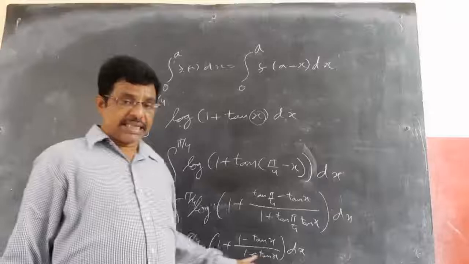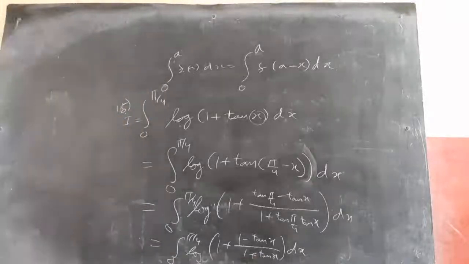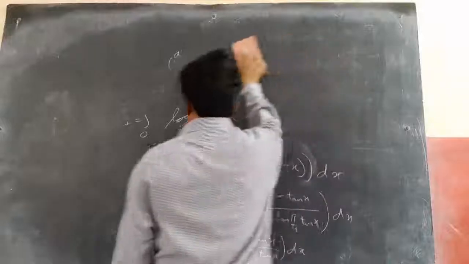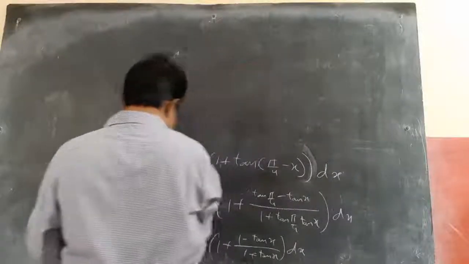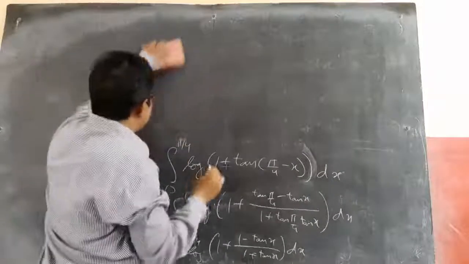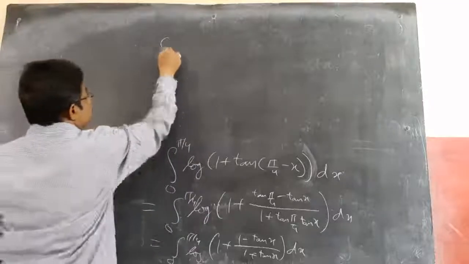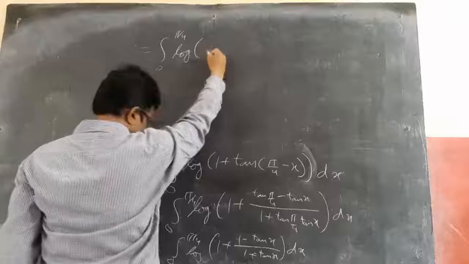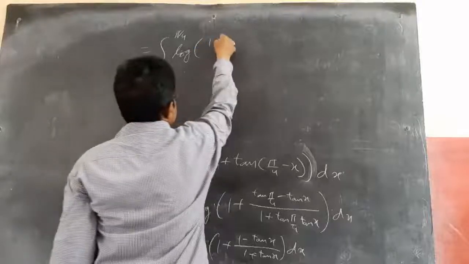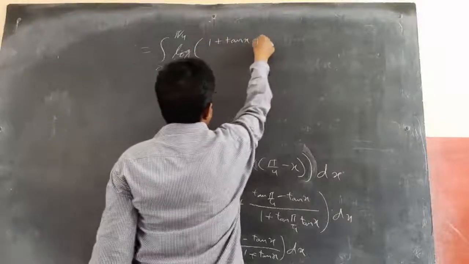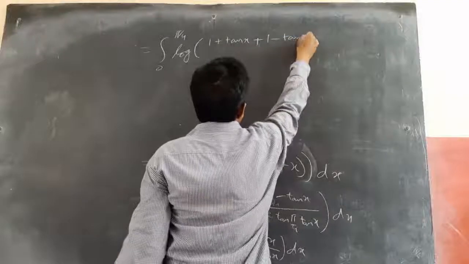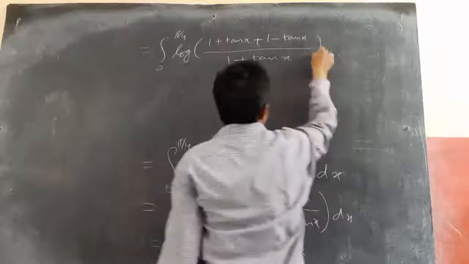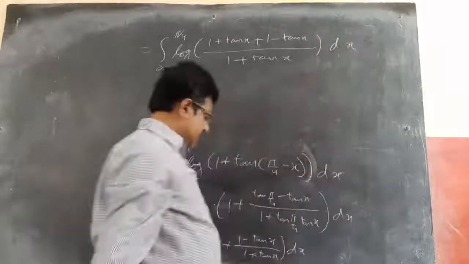Now I can take LCM for these two. So what do I get? Integral of 0 to pi by 4 log of 1 plus tan x plus 1 minus tan x by 1 plus tan x, because I am taking 1 plus tan x as LCM.